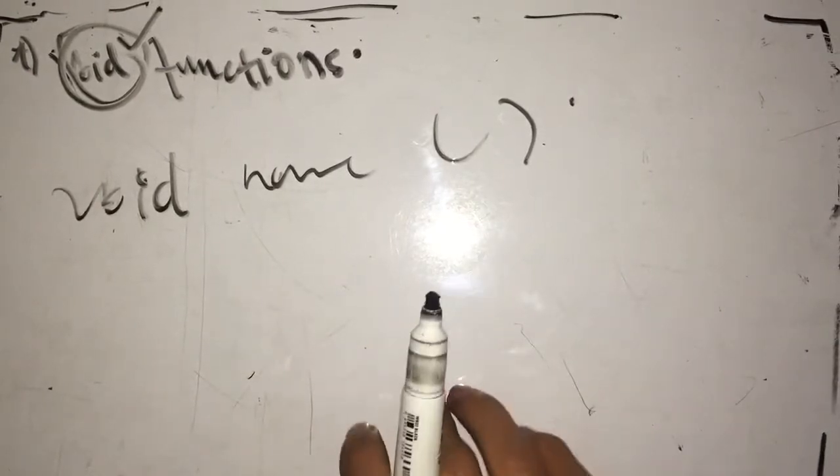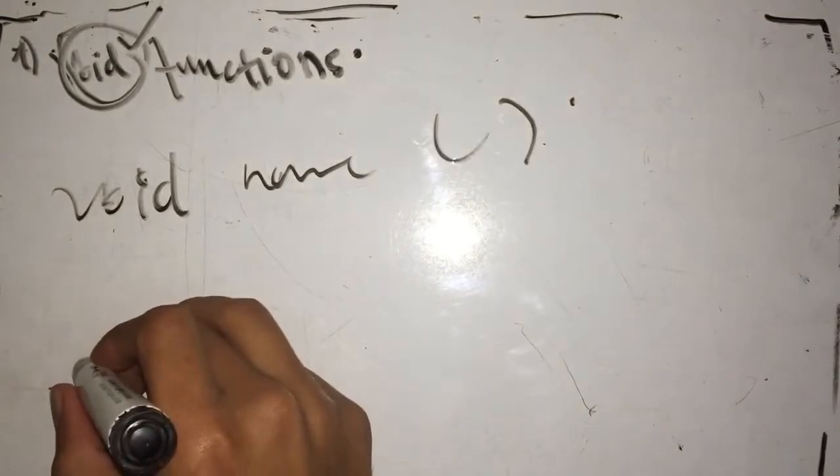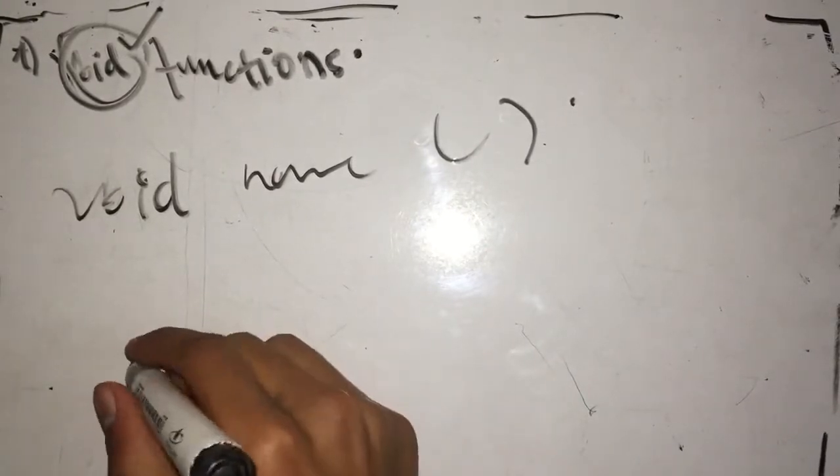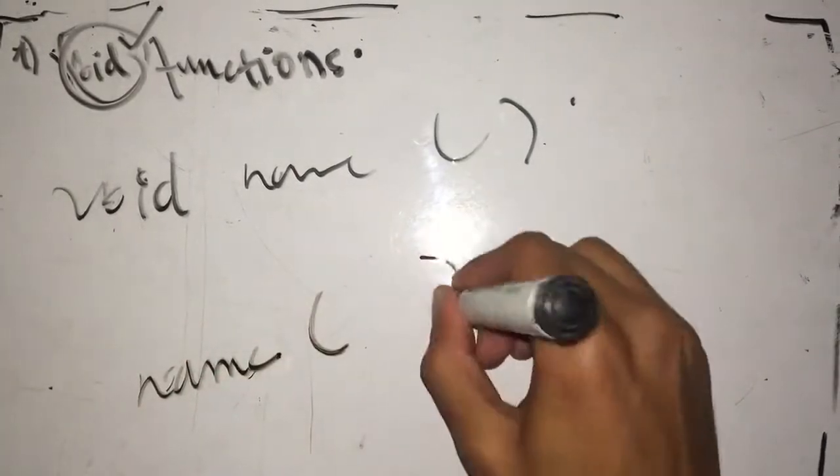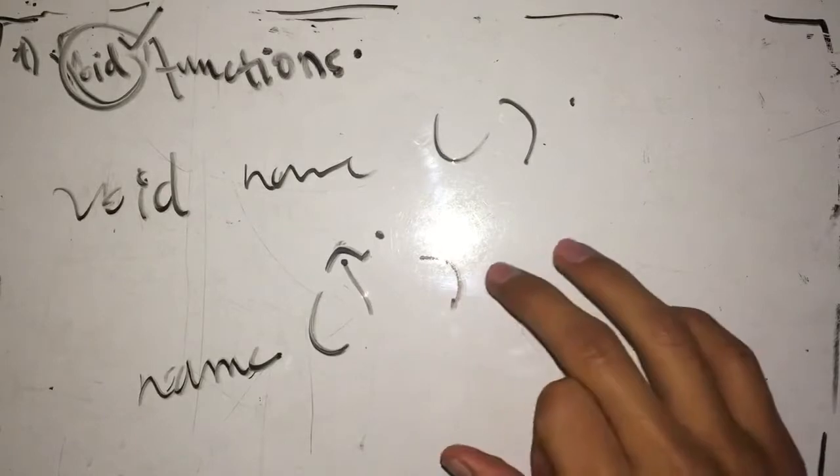So what's the syntax for calling this void function? You call the function the same way as you call the value returning function. You write the name of the function, and then you write the actual parameters, which you want to get replaced with the formal parameters you have defined the function with.